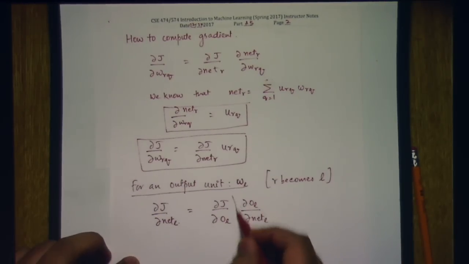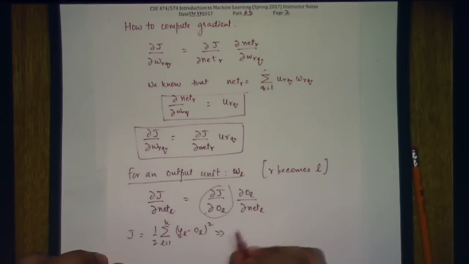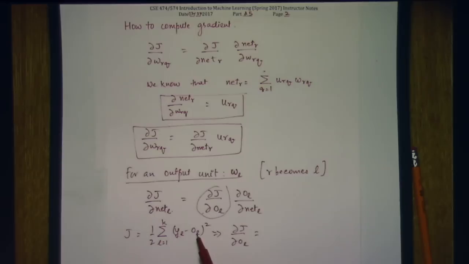Now remember, what is this part? J is nothing but the summation over L equal to 1 through K of half of YL minus OL squared, right? I'm assuming that I'm dropping I here. That implies that if I compute the derivative with respect to O of L, then O of L will only be in one of the terms in that whole summation, right? So everything else will disappear.